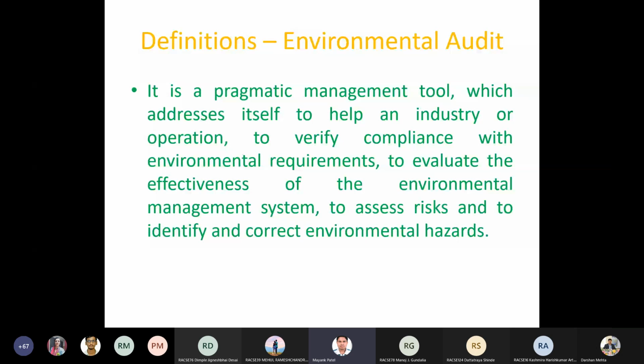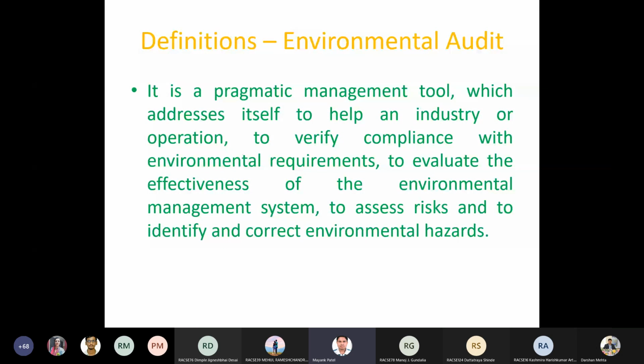as well as someone has to assess the effectiveness, what you are doing for saving the environment, or what kind of environmental management system you are having. Say for example, if you are having process stack, then what kind of air pollution control equipment you are using.